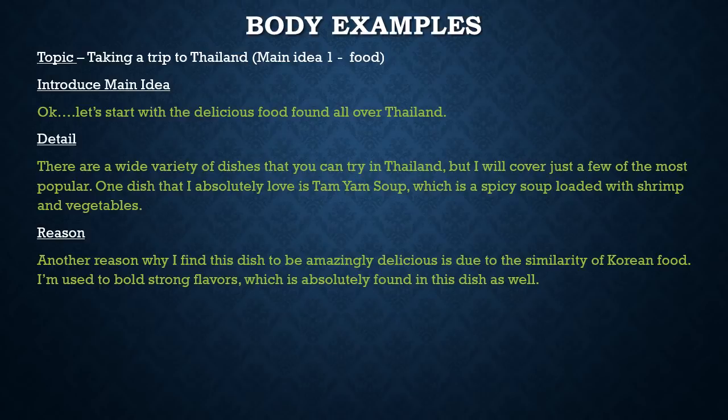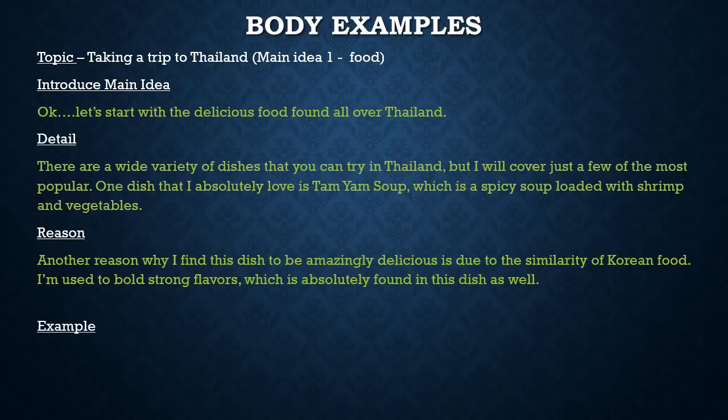And one of the reasons why I do like it is because it is very similar to Korean food, right? I can relate to this food. I'm used to this type of food. I love this type of food, right? So this is a good reason to show people why they should try this dish because it is delicious.